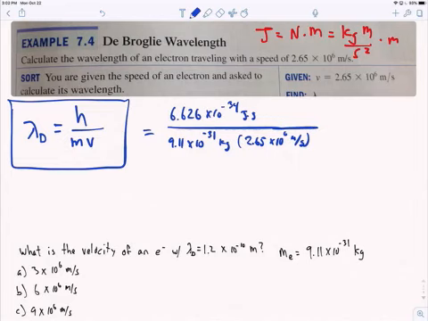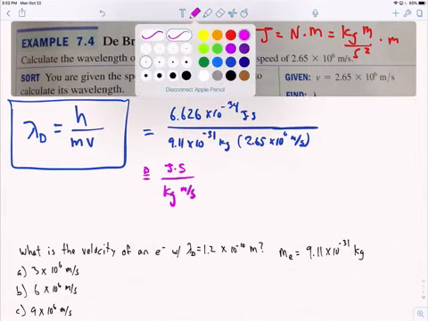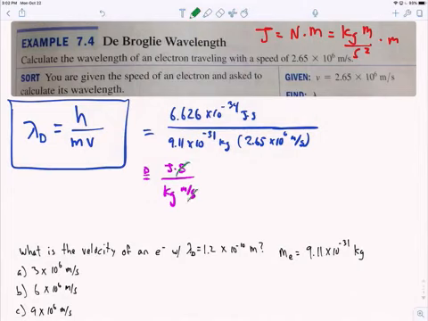Okay, so let's look at the dimensionality of it. So we have joules times seconds divided by kilogram meters per second. So the inverse seconds, oh wait a second, that won't cancel. What am I doing there? I gotta put in what a joule is. A joule is a Newton meter or a kilogram meter squared per second squared.